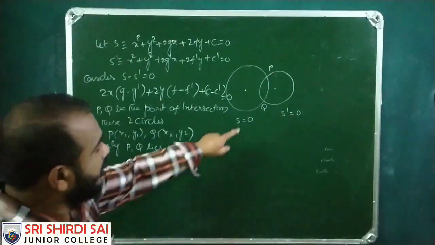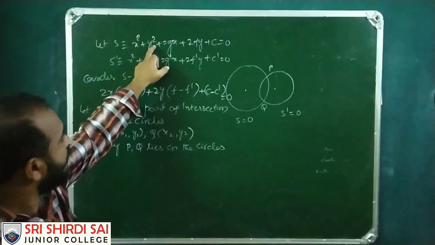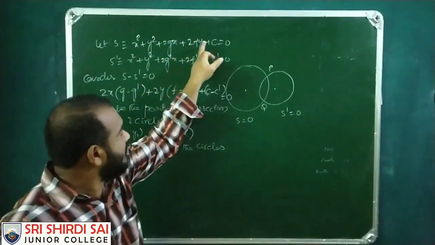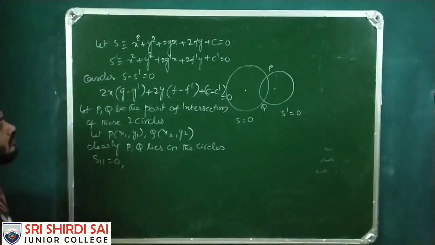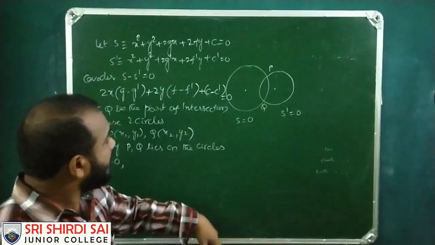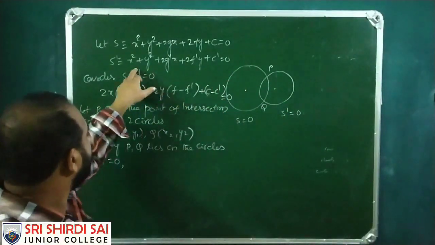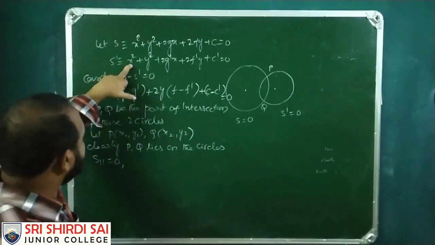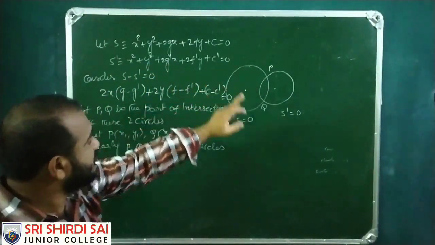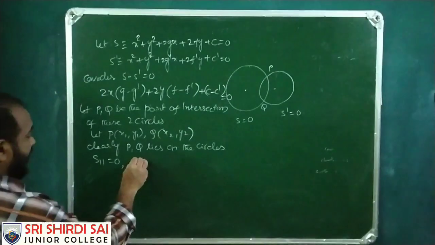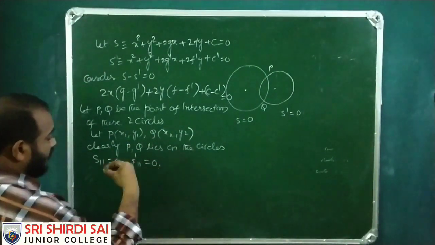So if we substitute the point P x1 y1 in this, x1 square plus y1 square plus 2gx1 plus 2fy1 plus c equals 0, that is s11 equals 0. So likewise P point lies on the second circle also. So as a result, x1 square plus y1 square plus 2g dash x1 plus 2f dash y1 plus c dash, that is s dash 11 equals 0.